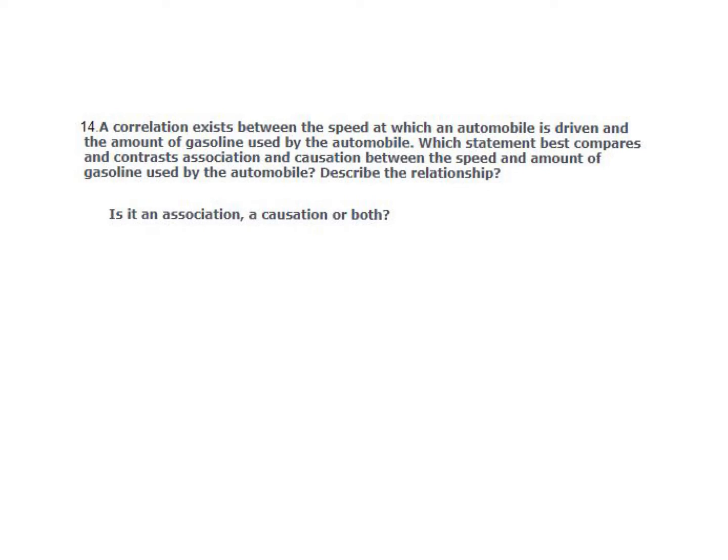Obviously, a car uses gasoline to drive, so they are directly associated. And as the car begins to speed up, it requires more gasoline, so it is actually a causation relationship. So in this example, you would have both association and causation.